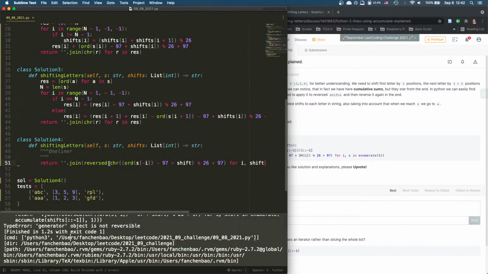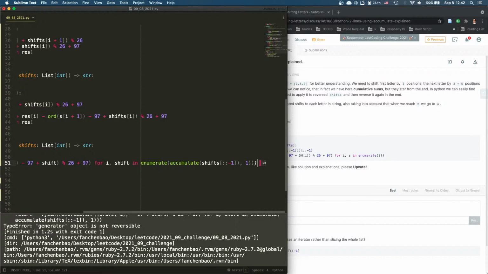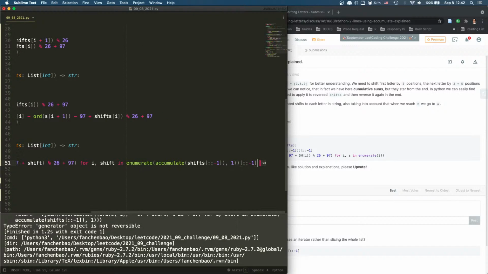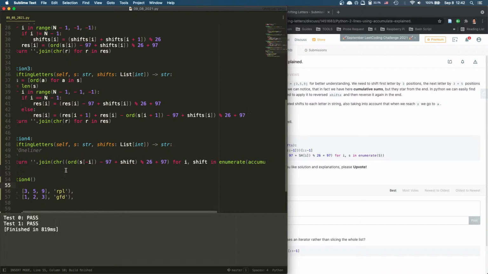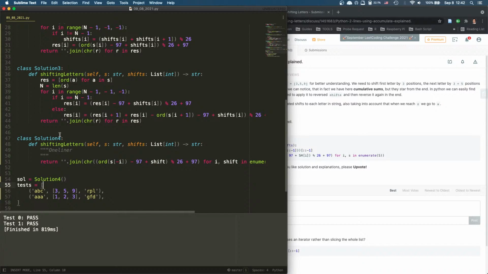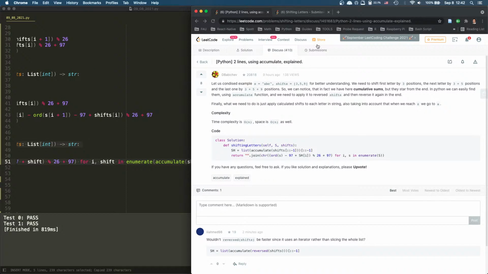Okay, so don't reverse here, and we reverse at the end. So we join this and then reverse at the end. Let's see. I don't think it will give me good results, but it'll be fun. Technically, this can be done in one line.